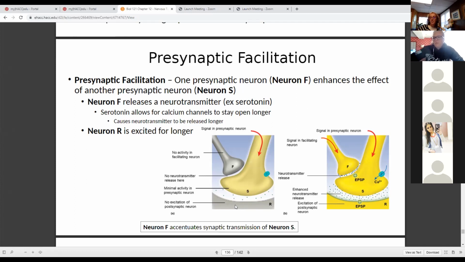So neuron F, the facilitating neuron, is going to be an agonist on neuron S by facilitating how long it activates neuron R.